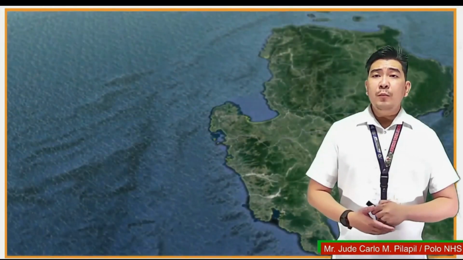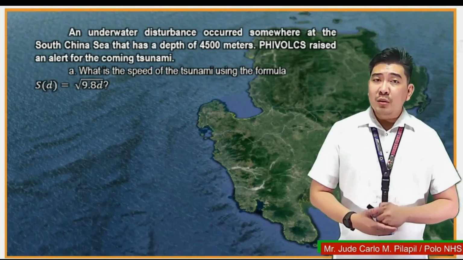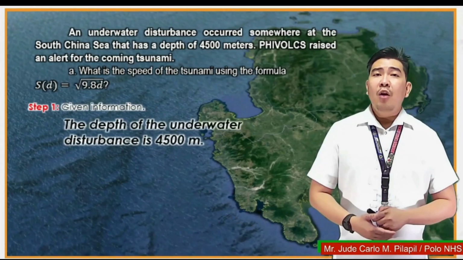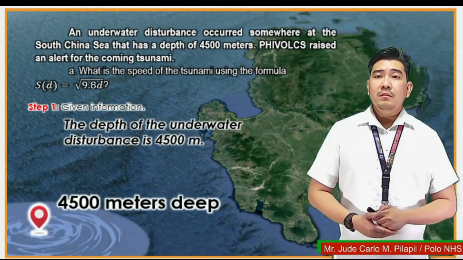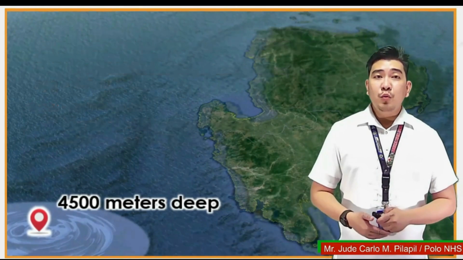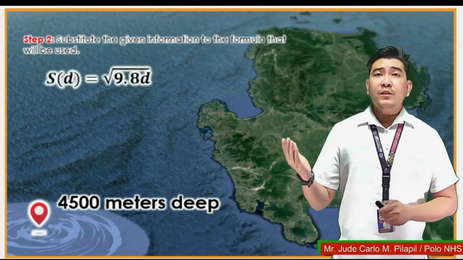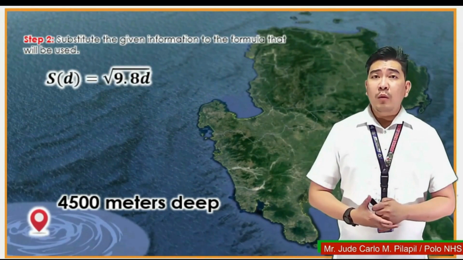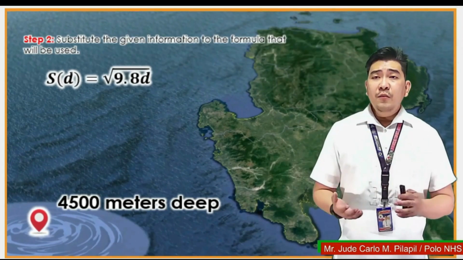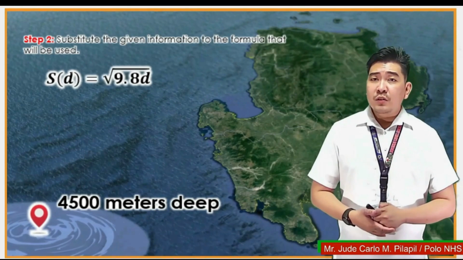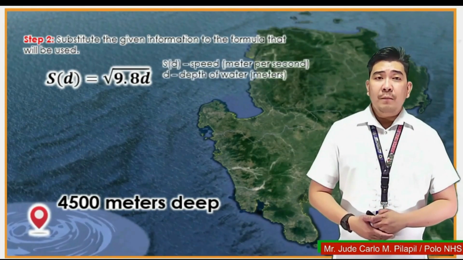So out of the given problem, we know that the underwater disturbance has a depth of 4,500 meters. Step number 2. We are given the formula, which is S of D is equal to the square root of 9.8 times D. The given 4,500 meters will be replaced in the variable D of the formula.